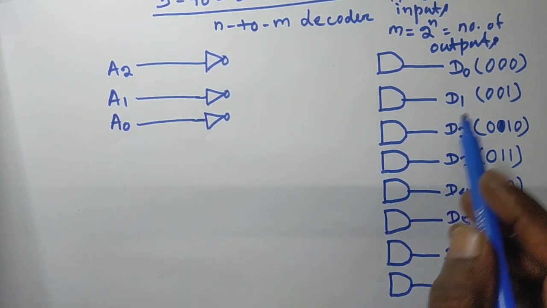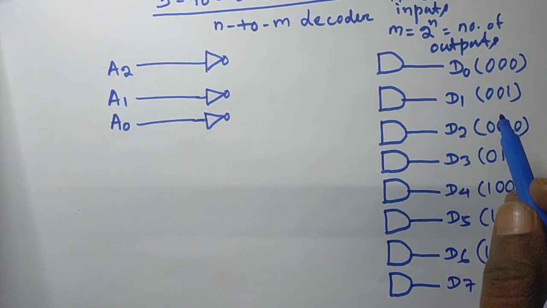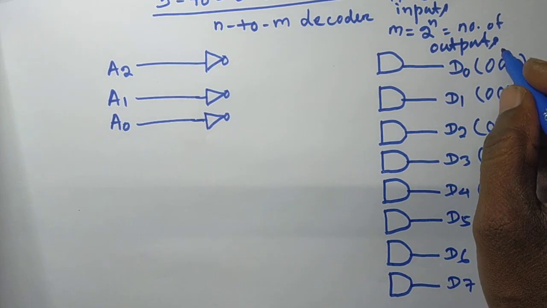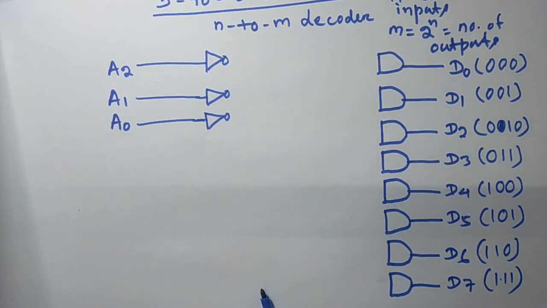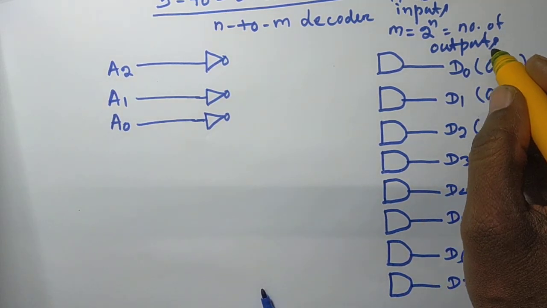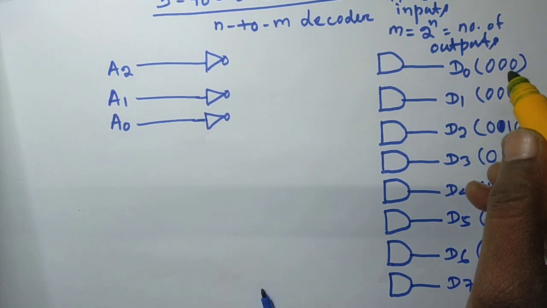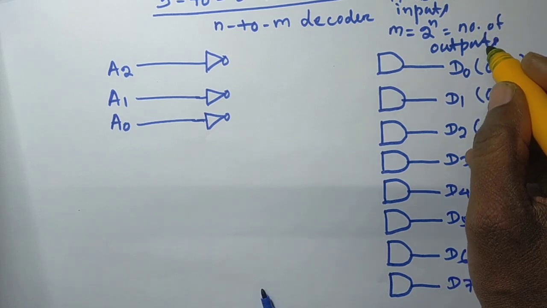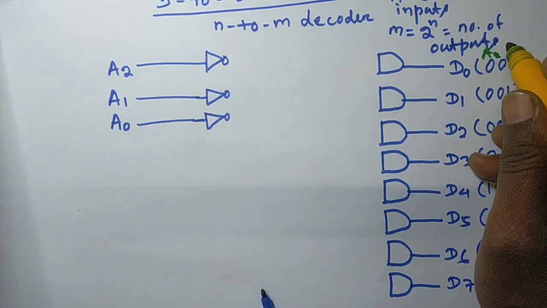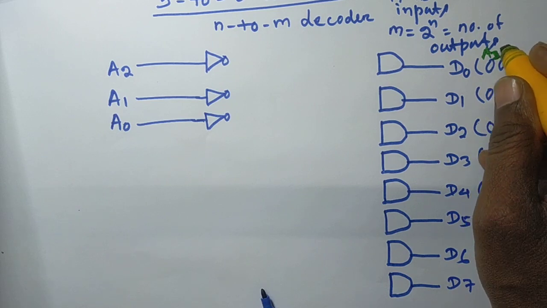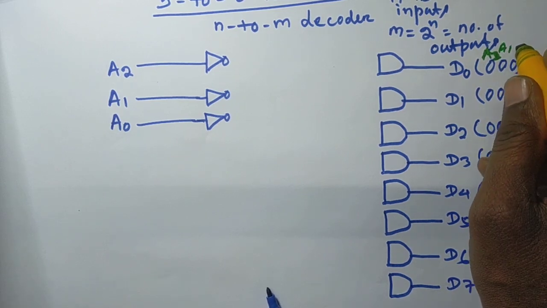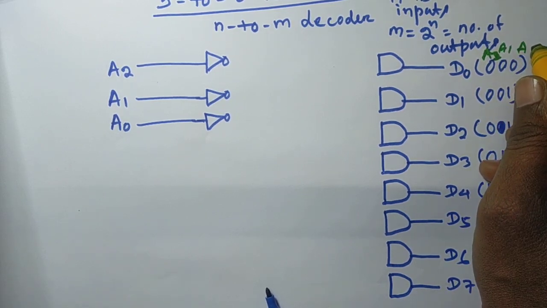Here you see, I will assign the inputs like this. The first one is A2, here is A1 and A0.